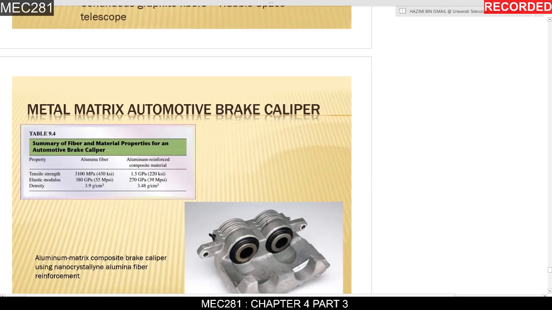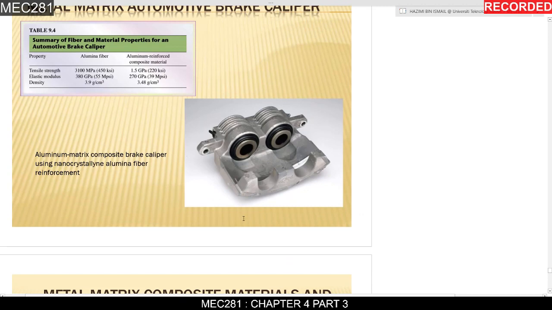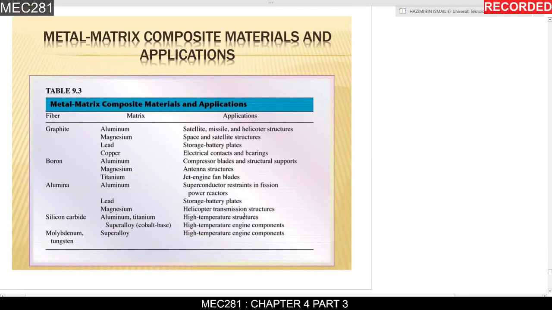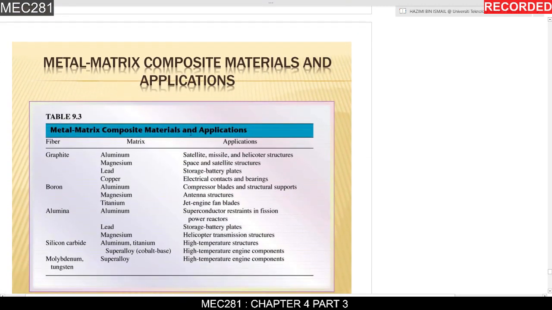Okay. So these are the table that shows material of fiber and matrix and the applications for that composite. Let's say we combine the graphite as a fiber and aluminum as the matrix.